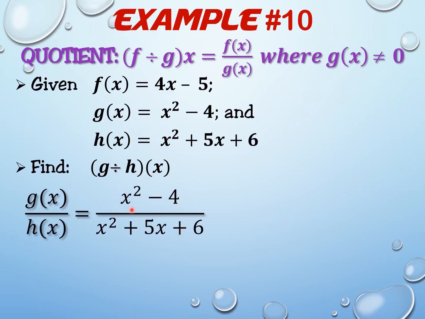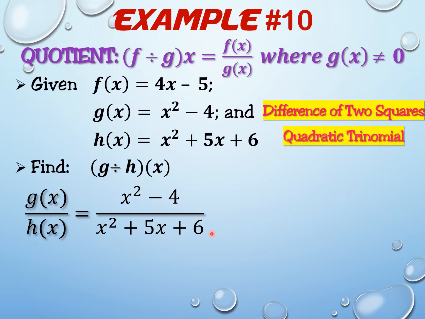So we already classified x squared minus 4 as a difference of two squares, and when we factor them, the result will be the sum and difference of two binomials. Now, for the denominator, this one is classified in factoring as a quadratic trinomial. So your factors are two binomials also.